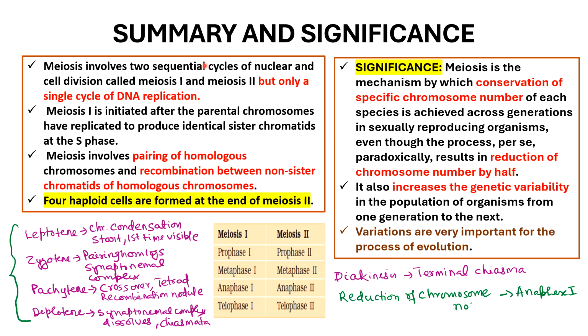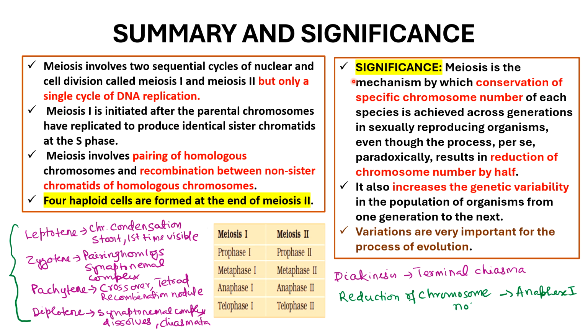So to summarize meiosis, if we look at the stages of it, it has one interphase followed by M1, interkinesis and M2. It is to be noted that interphase has only a single S phase.